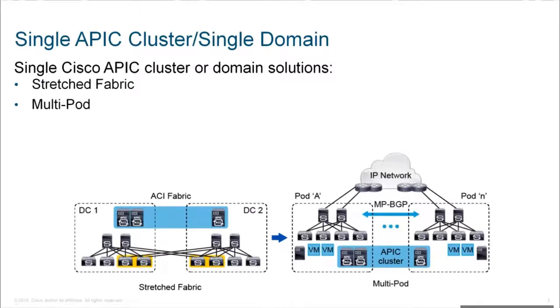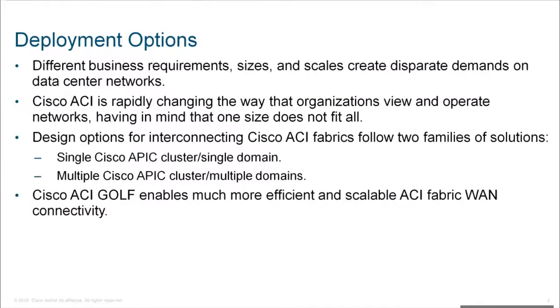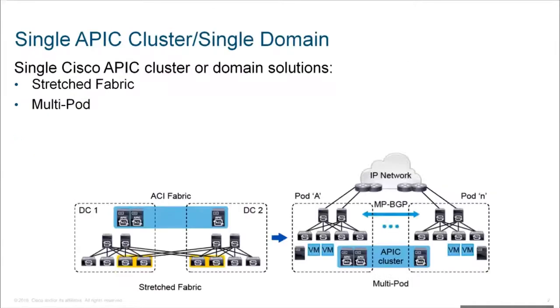So here it talks about the two, which are the single cluster deployment. That means we actually have the stretched fabric, or what we call the multiple pods. These are all for one cluster. Okay, a stretched fabric was supported, I would say, in 1.